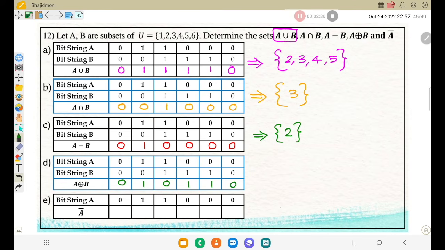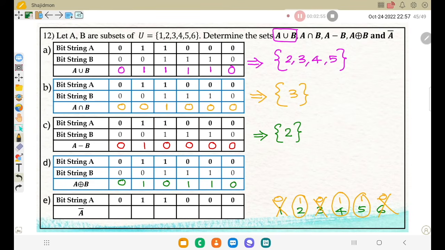What numbers are present? You can see the universal set is 1, 2, 3, 4, 5 and 6. By the bit string 0, 1, 0, 1, 1 and 0: 1 is not present, 2 is present, 3 is not there, 4 is present, 5 is present, 6 is not there.